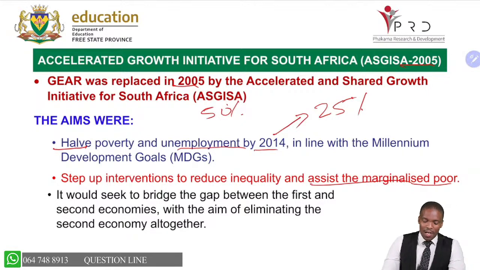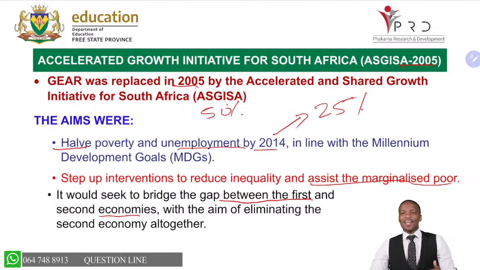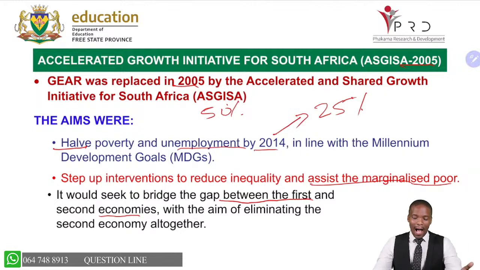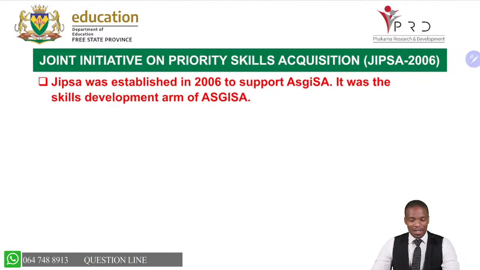It was also there to bridge the gap between first and second economies, where we are saying we also want to be part of the world class. We want to be part of the first class. It means we want to have access to everything that the developed countries are having. So that was the aim of ASGISA. You can evaluate it and tell us whether it has been successful or it has not been successful.